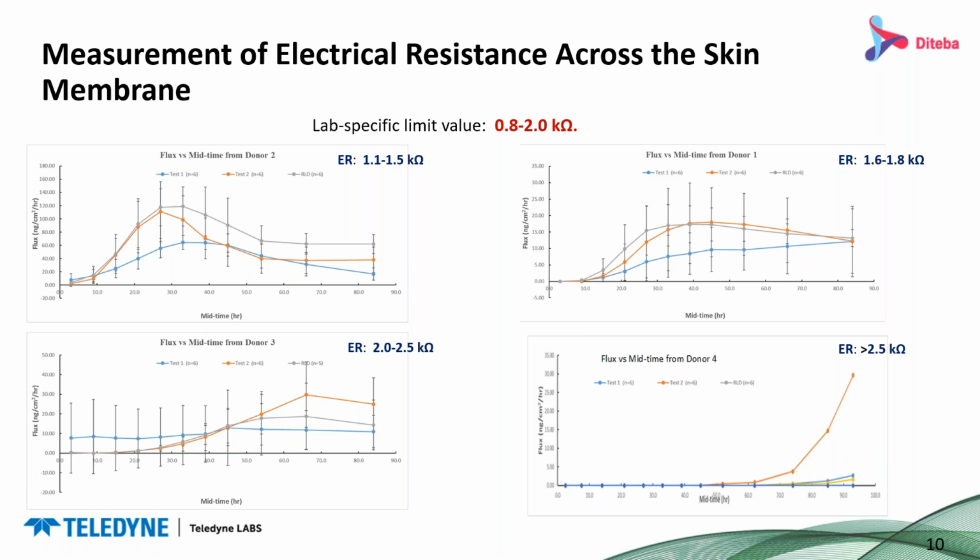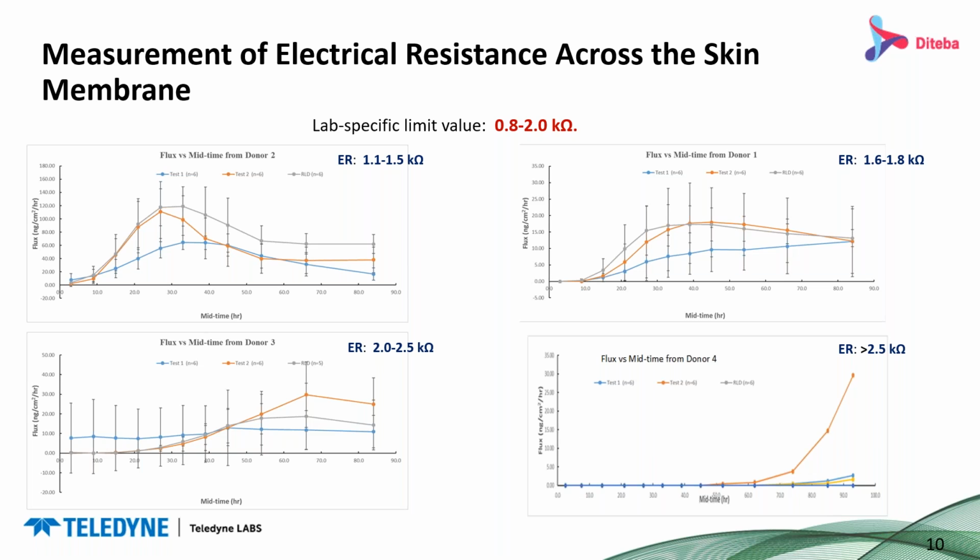Donor 1 with resistance between 1.6 and 1.8 kilo ohm showed reduced API permeation rates and extent, but still within acceptance limit. Skin sections with resistance 2 and 2.55 kilo ohm exhibited unconventional flux profiles, making statistical comparison challenging. Skin donors with more than 5 kilo ohm showed extremely low to unmeasurable permeation profiles, rendering the data unusable.